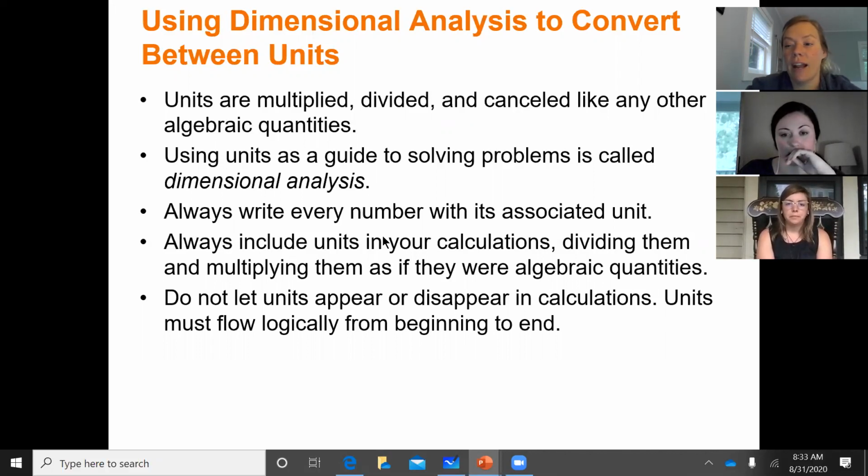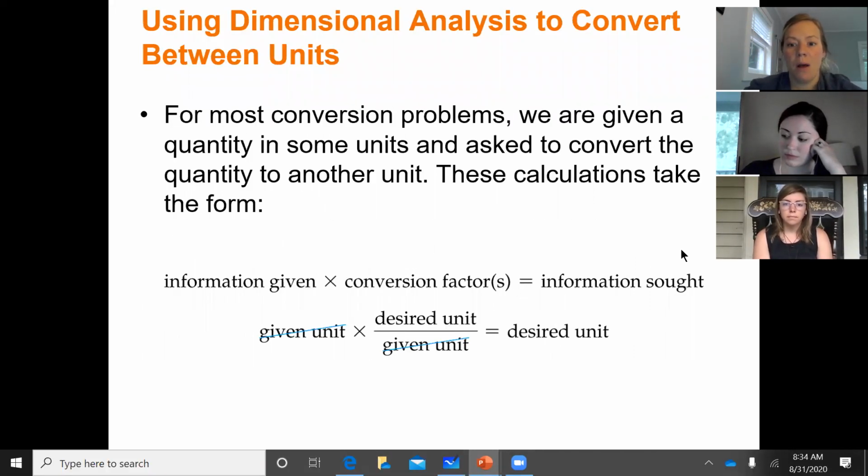Don't ever just start writing numbers like up until this point, because we've been talking about sig figs and stuff, saying oh, 3.52, 8.7. Now we want to start giving those numbers a unit or a value, so always write the unit with it. Then you'll divide and multiply those units until the units that you want appear and the units that you don't want disappear. That all sounds very ethereal, so let's look at something a little bit more tangible, okay?